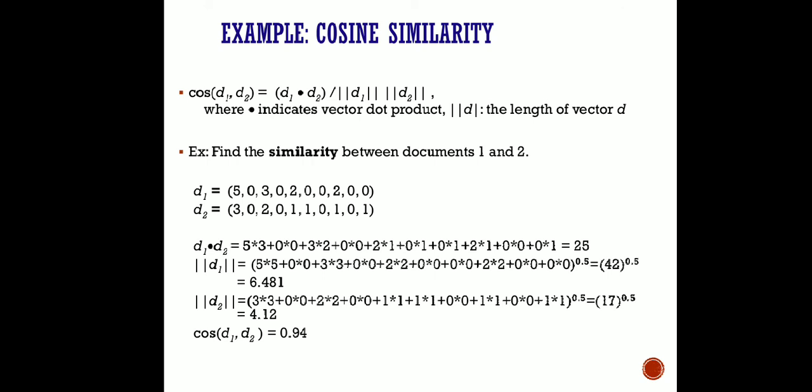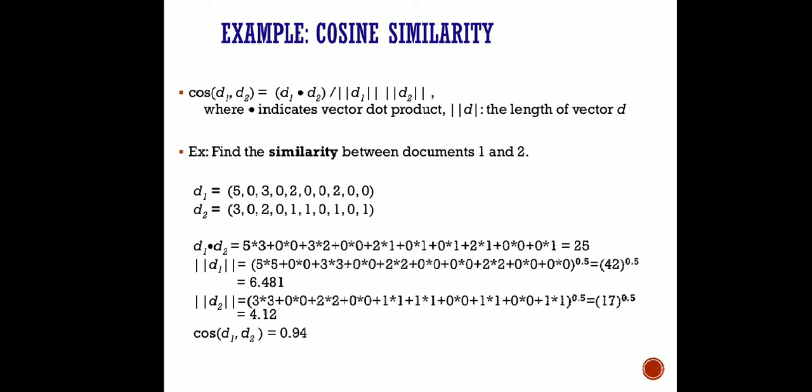That is the way to find the length of the vector. Raised to 0.5 means the square root, to the power half. So it will be 42 to the power 0.5, which is 6.481, and similarly for D2 it will be 4.12. Just put it in the formula, D1 dot D2 divided by these lengths.